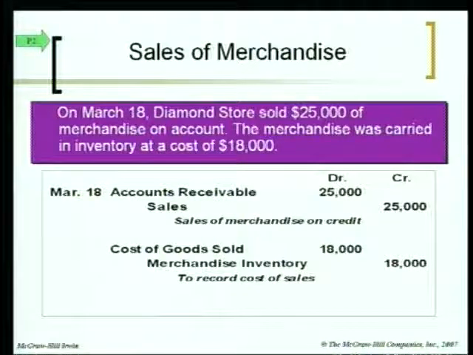We have to credit merchandise inventory for $18,000. That is, in effect, reducing our inventory because we don't have it anymore, do we? The customer just took it out the door. So we credit merchandise inventory and reduce it, and we debit cost of goods sold. And cost of goods sold is a debit balance account. For your purposes, you can kind of think of it as an expense. Okay?